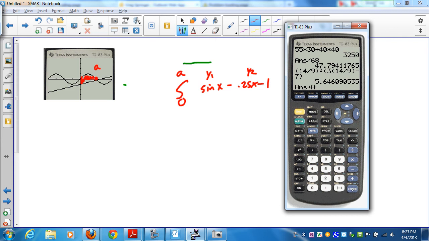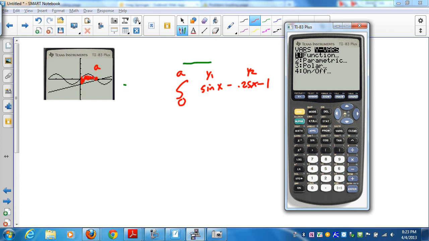Alpha A. And then I'm going to do math, numerical integrator, number 9. And we said y1 minus y2. Minus, do it again.